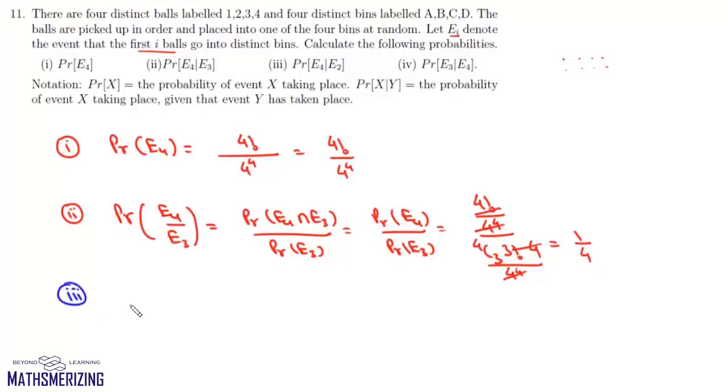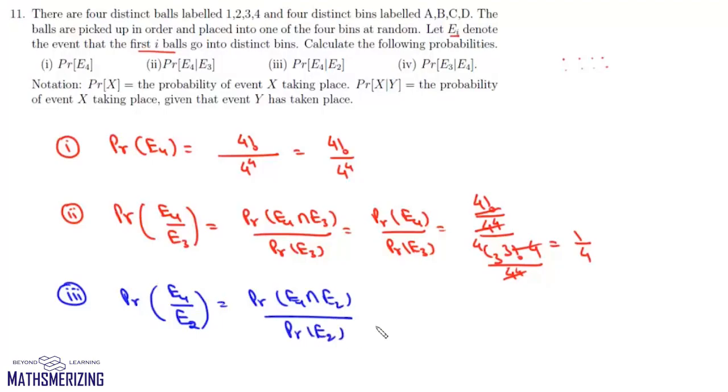Now this third one is probability of E4 given E2. Now it will be probability of E4 intersection E2 upon probability of E2, which again is probability of E4 upon probability of E2. Now this is factorial 4 upon 4 to the power 4, and probability of E2 is that the first 2 balls went into 2 different bins.